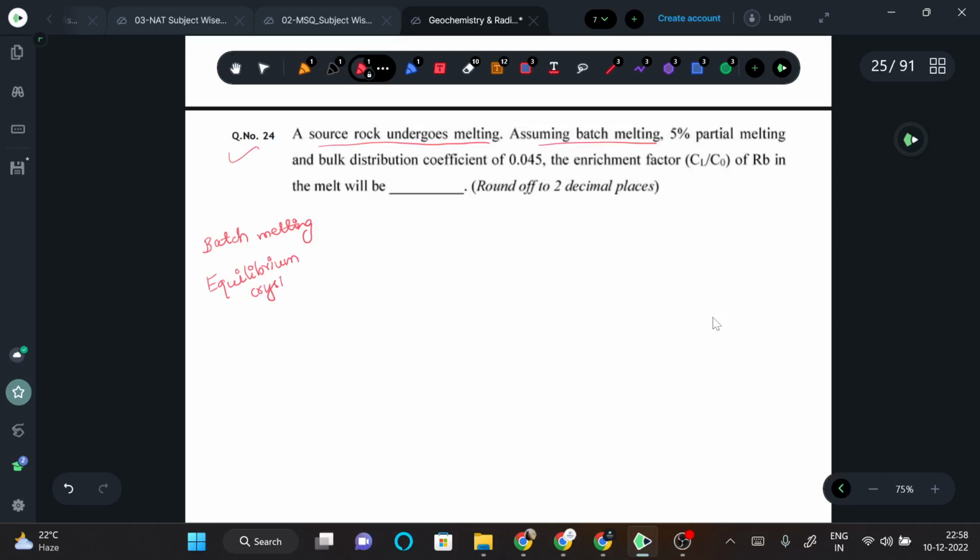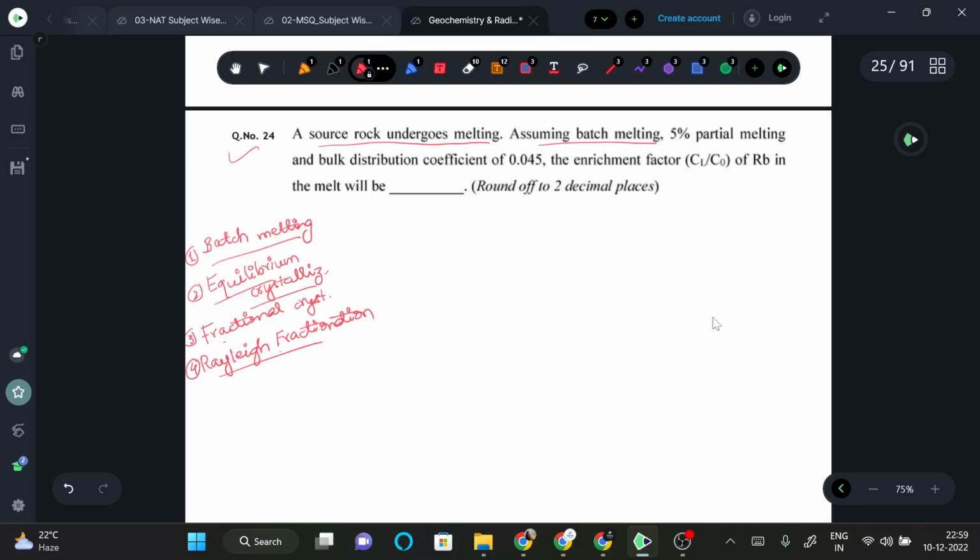As we keep encountering these in different questions, we'll keep discussing these. There is fractional crystallization, and then there is Rayleigh fractionation. If you haven't gone through geochemistry a lot, I can tell you these are the 4 conditions that are more prominent.